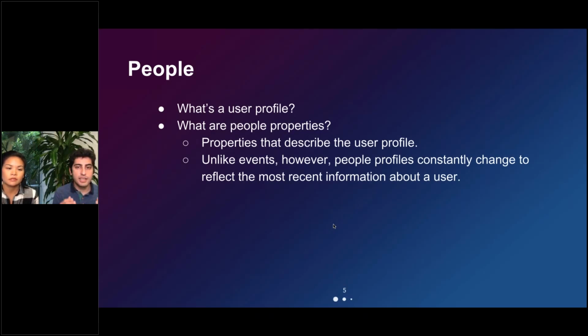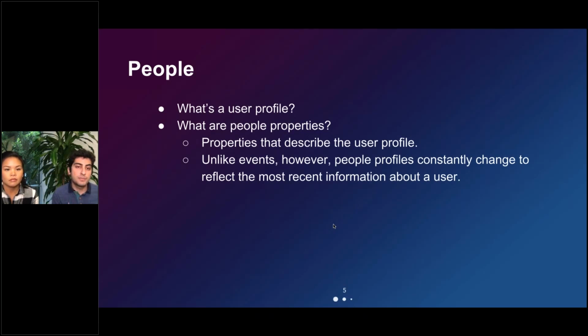A profile is a collection of events that a specific user has done, and also a collection of properties that describe that specific user. So there's people properties, just like there are event properties, and good ones would be name, email, stuff like that you would want to describe your users with.